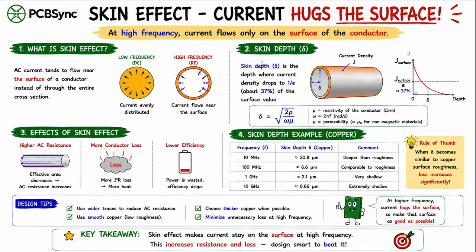The higher the frequency, the more the current sticks to the surface, making the effective area smaller, which means resistance increases. And that leads to more loss. To put it simply, take the same wire as an example. The higher the frequency, the more it gets secretly eaten away.